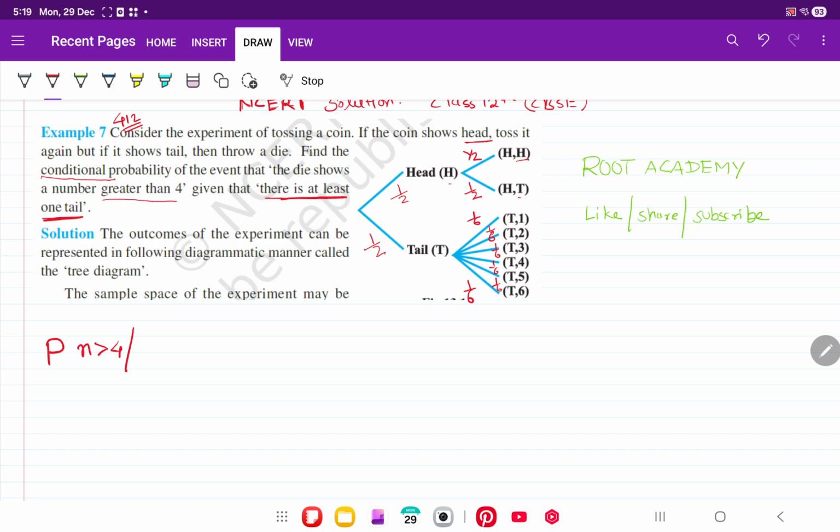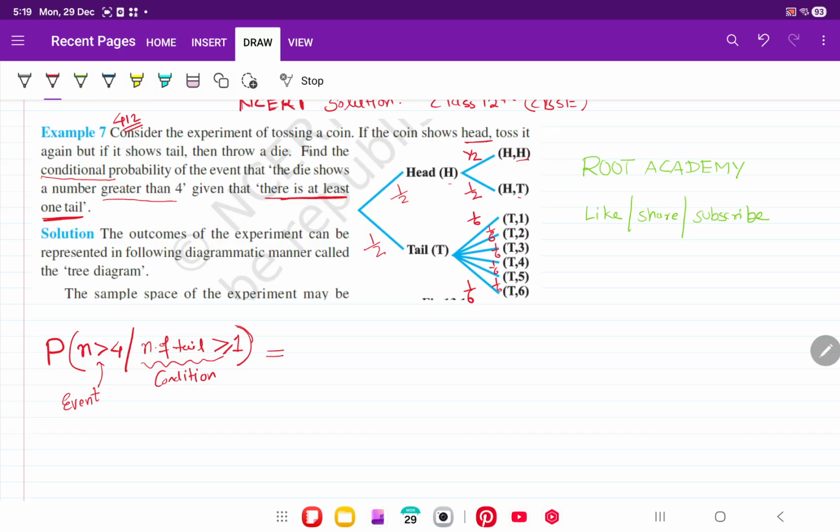At least one tail means one tail or both tails, that is, the number of tails has to be more than or equal to 1, right? At least means more than or equal to 1. This is the condition given. This is the condition, let me write it down. This is the condition, and this is the event for which we have to find the probability, correct?